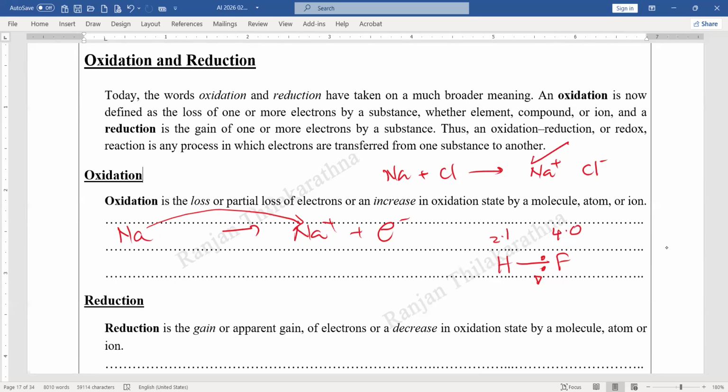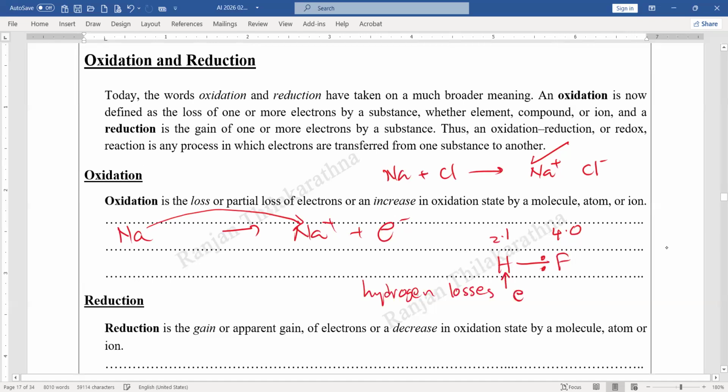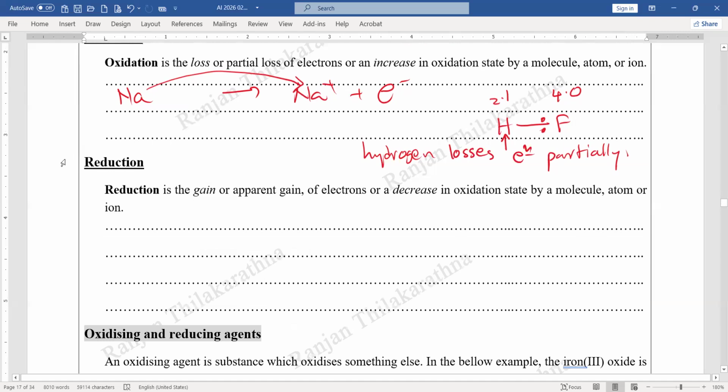Here, hydrogen partially lost the electron. Hydrogen loses electron partially.